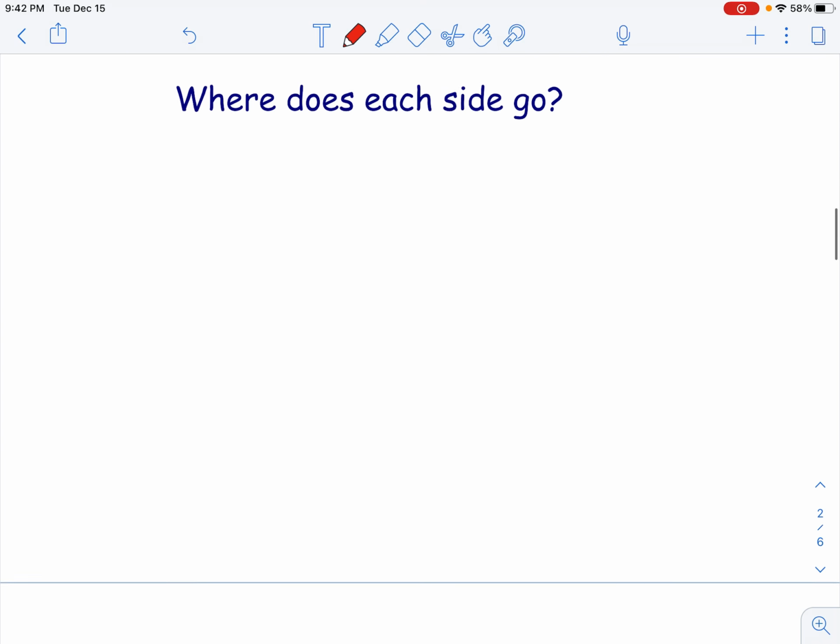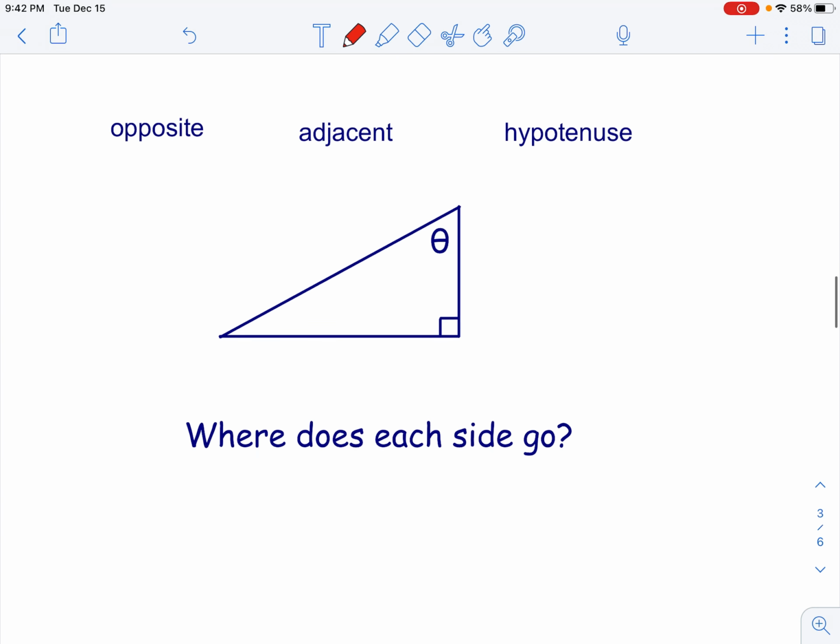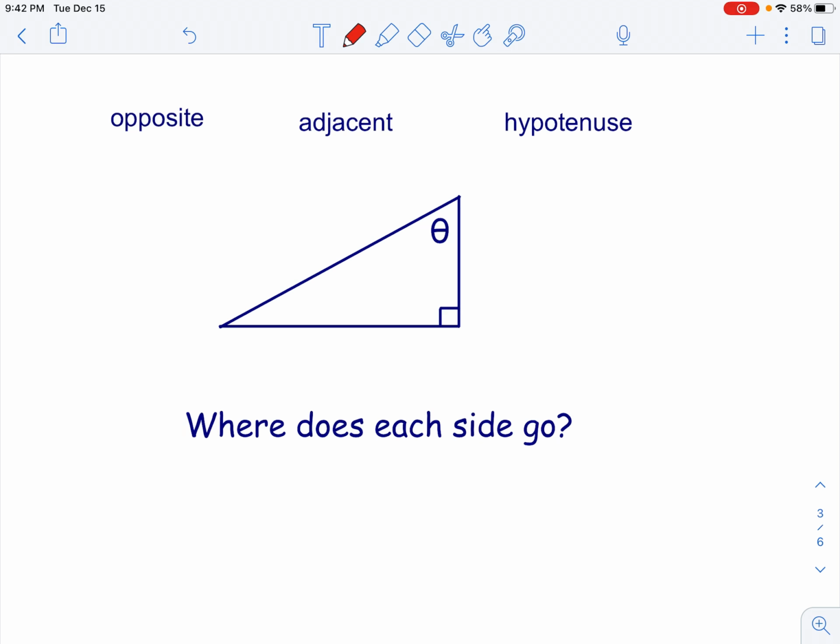Okay, what if we switched where theta was? Now theta is up here in the upper right. So now the opposite is the one across. The moral of the story is it always depends on which theta you're dealing with, or which angle you're dealing with. The hypotenuse never changes.